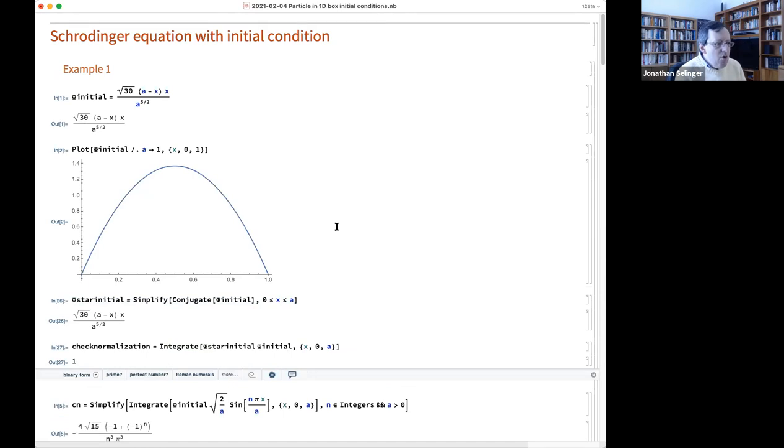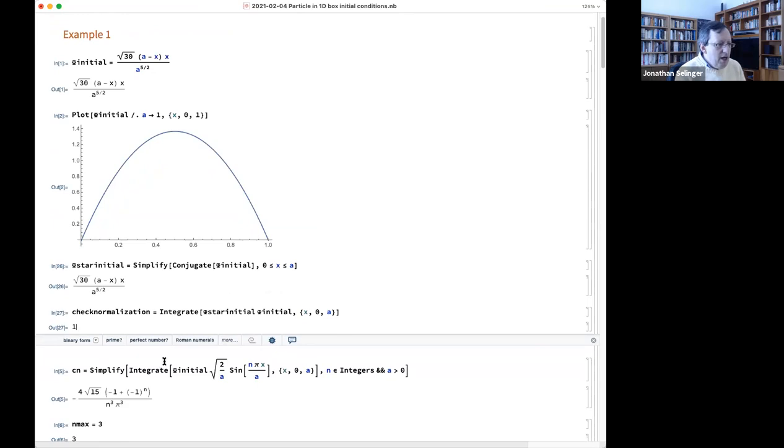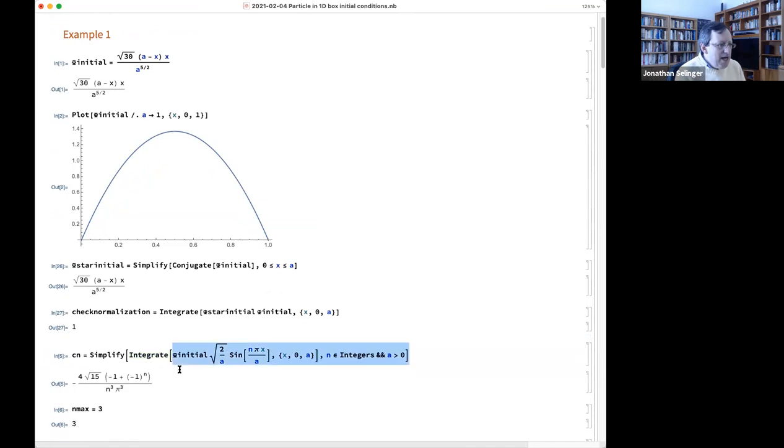Now, what are these C coefficients? Well, if I want to know those things, I take my initial condition here and I multiply it by any of the psi n stars. Here is one of the psi n stars. It is sine n pi x over a times this constant of the square root of 2 over a.